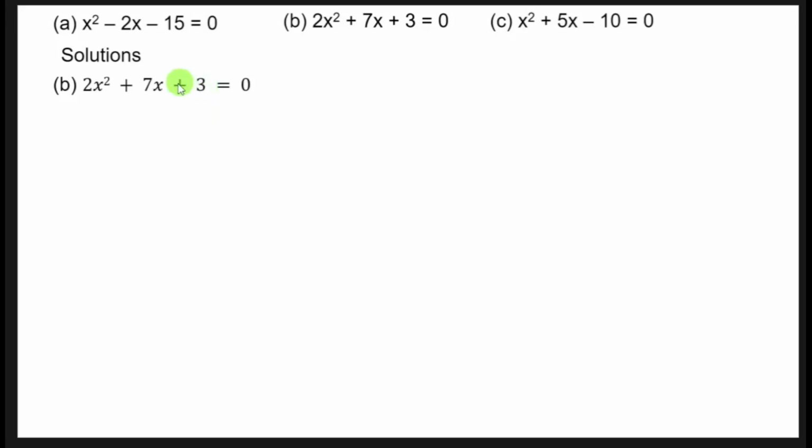So the first step that you are supposed to do in solving such a quadratic equation using the completing the square method is to make sure that the constants are on the same side of the equal sign, and in this case on the right side of the equal sign. So this one is not a constant, this one is not a constant, but this one and this are constants.